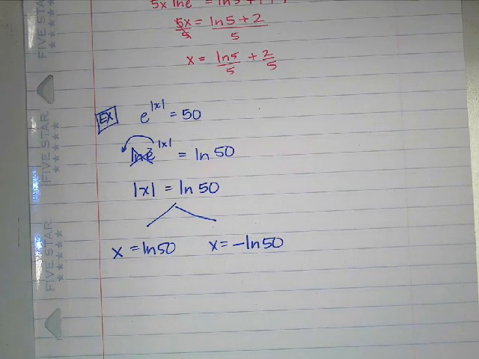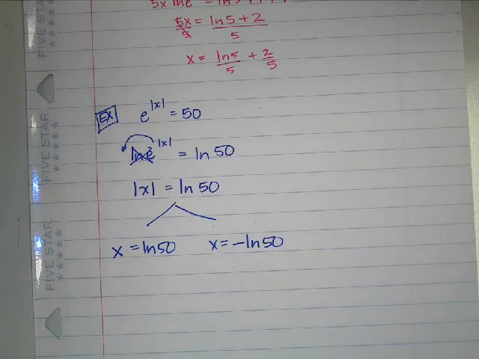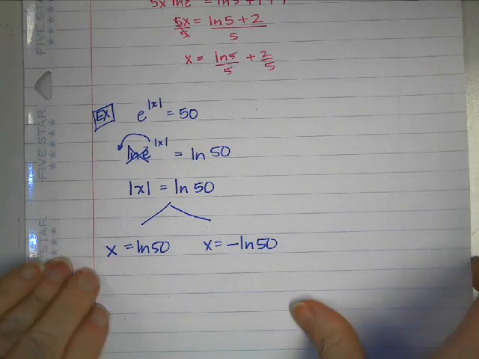Your argument, what's inside the parentheses, can never be negative, but you can have a negative sign in front of the entire logarithm. So this ends up being your final answer. Everybody okay? Not too bad? Yes, they're both your answers. Absolute values almost always have a positive and negative answer, unless the answer is 0.